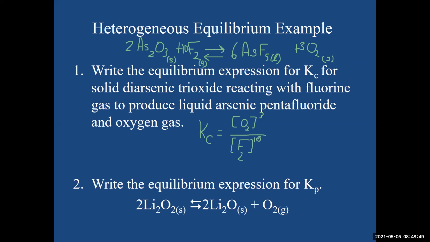For an equation like this, would we be allowed to leave the 3 halves on the O2 gas and just use that for the power, or does it have to be no fraction? That's a good question. I would normally not use the halves because it always gets me in trouble later on.